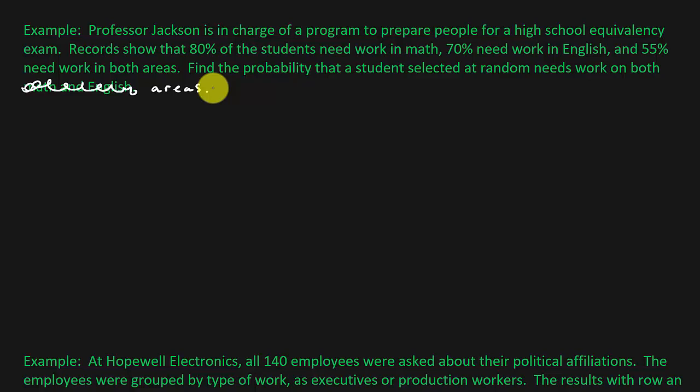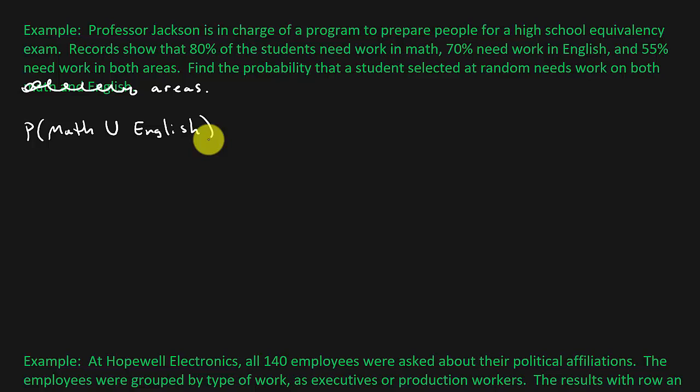All right, so how are we going to do this? We want to know the probability that they need help in math or English, that they need help in both areas. So are they mutually exclusive?